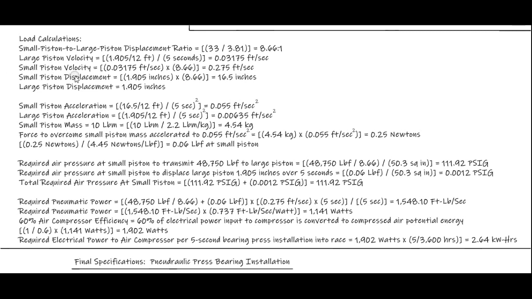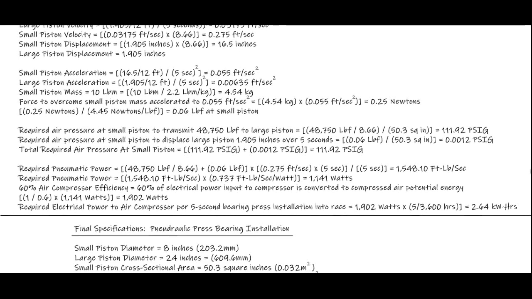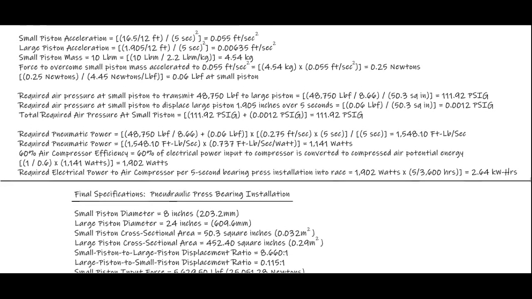And then the small piston displacement, in this case, limits 16.5 inches at the small piston and 1.905 inches at the large piston. So next we have to calculate the small piston acceleration. We know distance divided by time squared is acceleration.